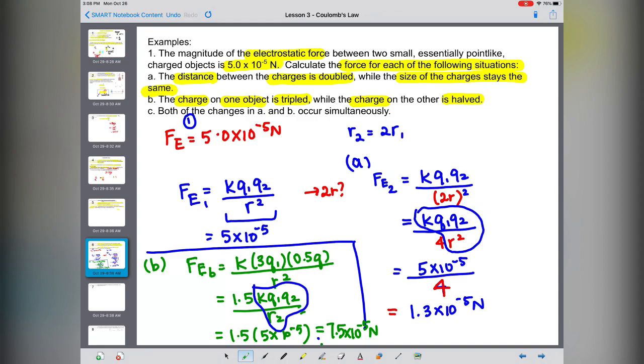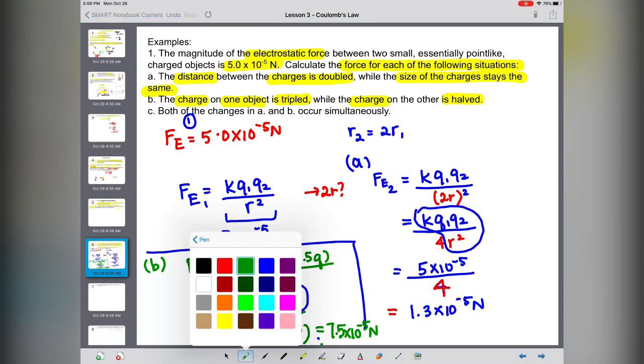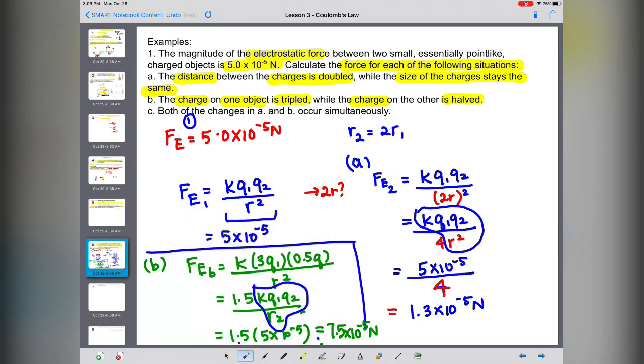Okay, and then if they happen simultaneously, I basically would take care of the 1.5 and the 4. So for part C, it would be 1.5 multiplied by 1 over 4, because that's the factor right here, times 5 times 10 to the negative 5. So the effects are all happening together.